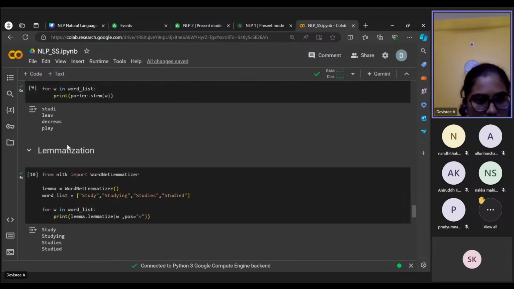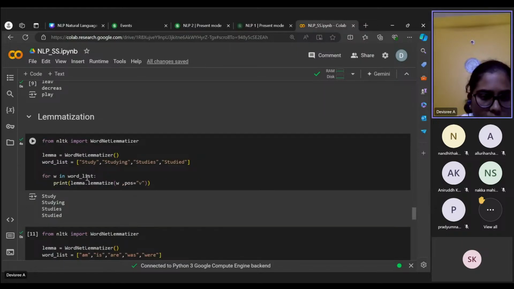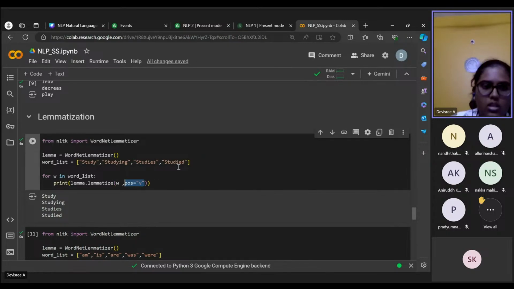Okay, in the case of lemmatization, the most commonly used function is the WordNet lemmatizer. So you initiate that function: lemma is equal to WordNetLemmatizer. For the same word list, you print the lemmatized form. POS tagging is equal to v, which basically means consider the verb form of these words.